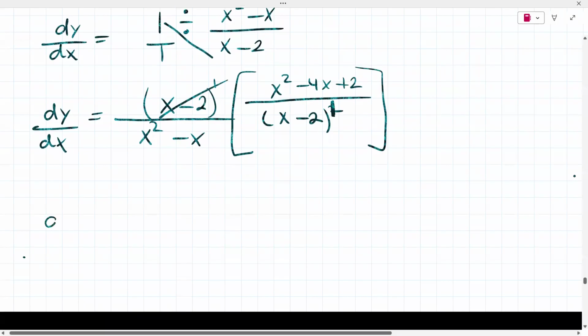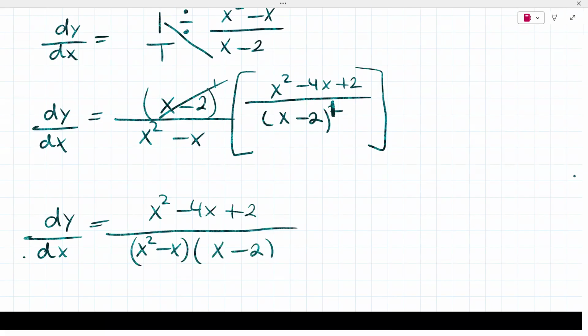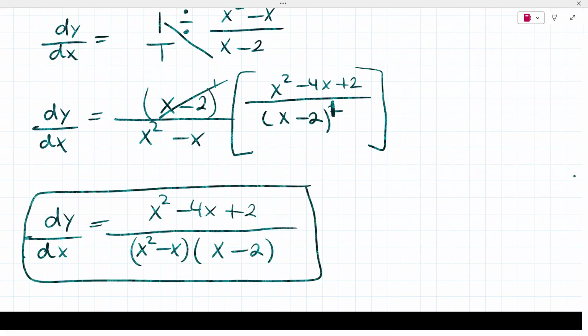So your final answer will be dy/dx equals x squared minus 4x plus 2 over x squared minus x times x minus 2. Okay, so that is our final answer.